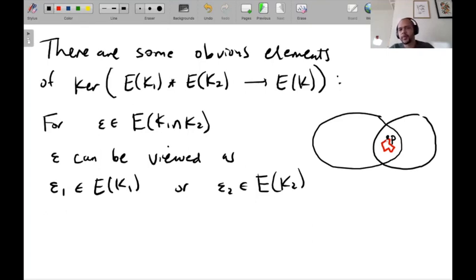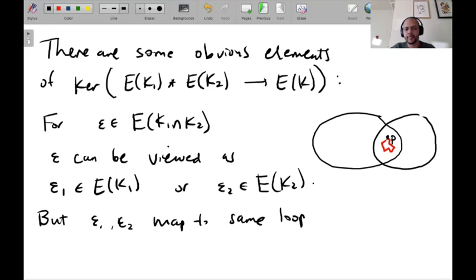But clearly they're the same loop when you map into K. Epsilon 1 and epsilon 2 map to the same loop in the edge group of K. So epsilon 1 epsilon 2 inverse is in the kernel.